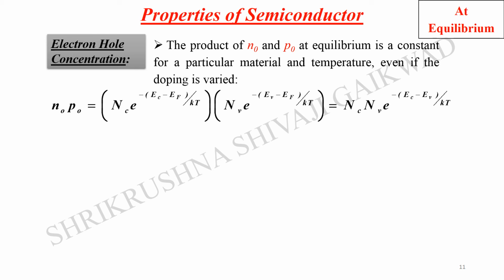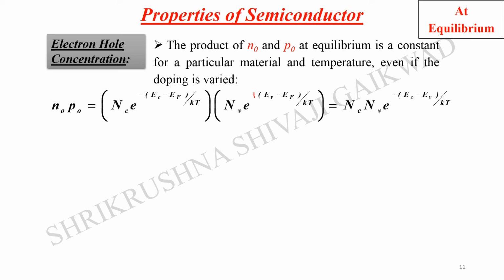If we solve this, EF gets cancelled out, and we are left with NC NV times an exponential. I guess there is some problem with the sign; this must be the plus one, plus exponential of (EV - EF)/kT.